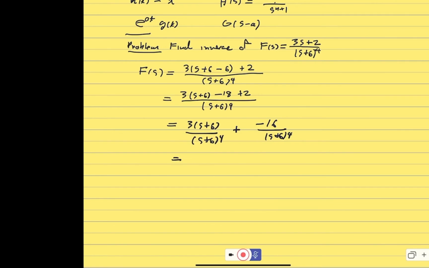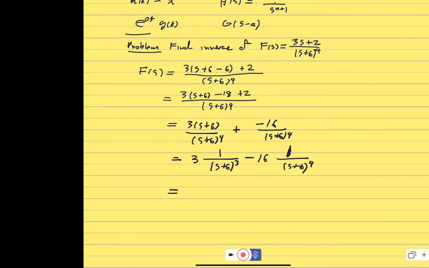In the first one I can cancel out an s plus 6, and I have 1 over s plus 6 cubed. Let's see, I guess I want a minus there, 16. Well, let's just put a 1 for the time being. S plus 6 to the fourth.